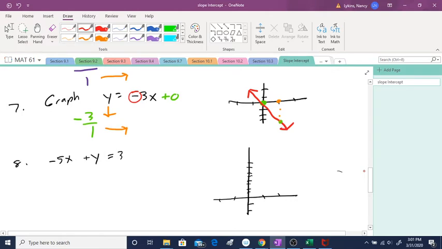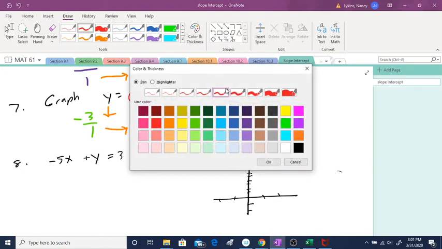Now this is what it's like understanding slope-intercept form. So now I'm giving you an equation, negative 5x plus y equals 3, and I'm asking you to graph this. I get asked a lot by students, what should I do?